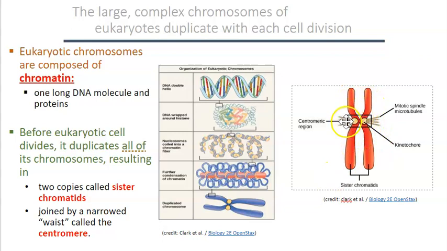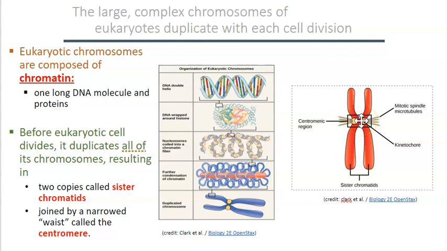Now, even though we've made a copy of this first chromosome, these two sister chromatids are actually going to be held together. Each chromosome, after it goes through replication and is made of these two sister chromatids, is held together at a region called the centromere.